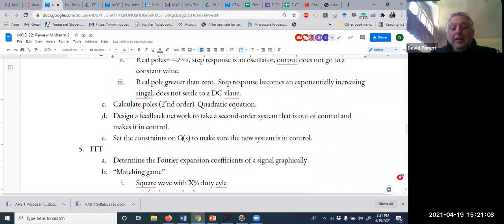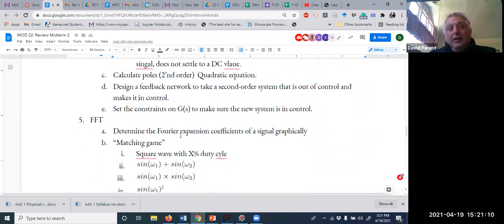Once you've done that, you have to set some constraints on K, K1, K2, what have you, to ensure that it is in control. Just because you propose a feedback network, the values of K have to be at least a certain value to make sure that the system is in control.